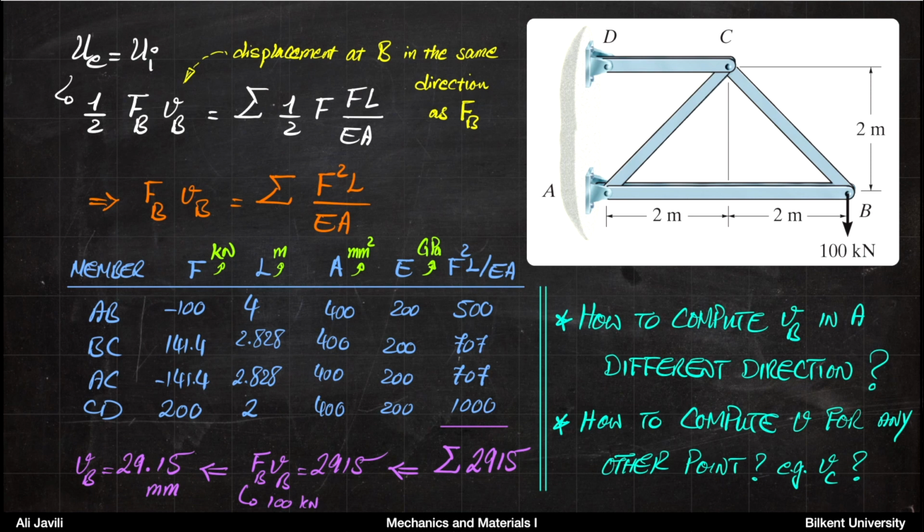However, what if I asked you to calculate the deflection of point B, or the change of coordinate of point B in the horizontal direction? So what would that be? Or what if I ask you to calculate V at point C, or any other point, or in any other direction?